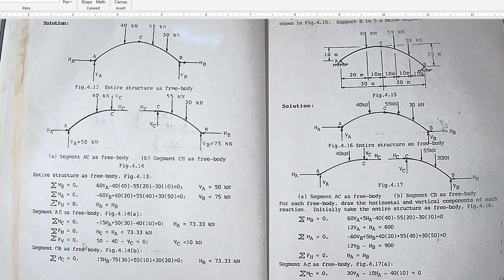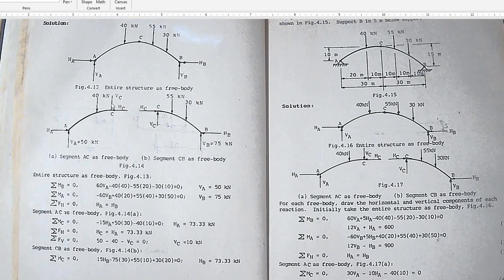Still at segment AC, summation forces vertical is equal to 0. 50 minus 40 is equal to VC. What are those vertical forces? We have the reaction VA, the vertical load 40, and VC.